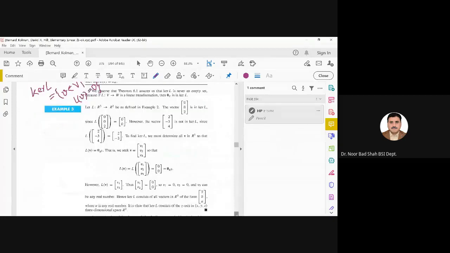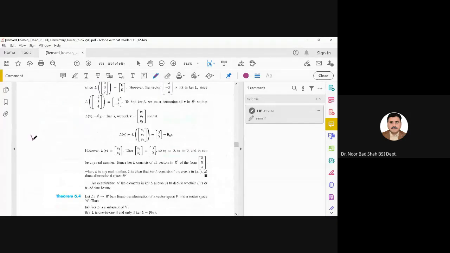The kernel of this transformation L contains all vectors of the form (0, 0, a), where a belongs to R.